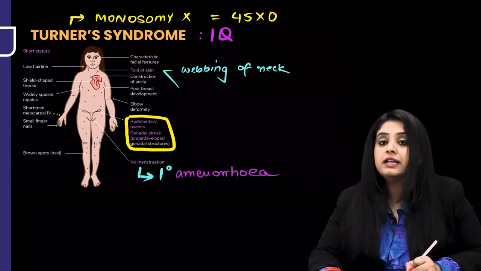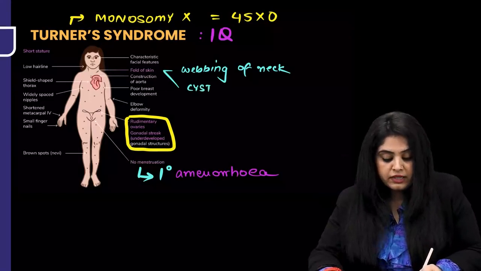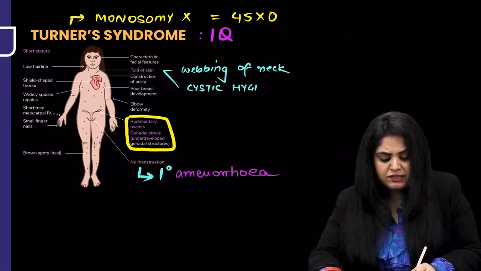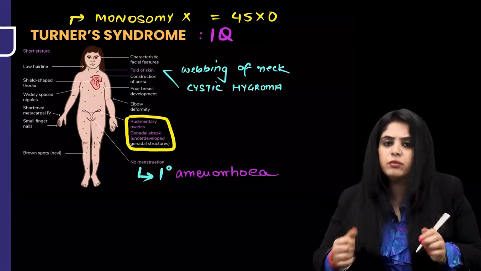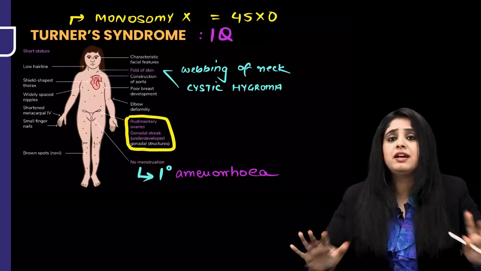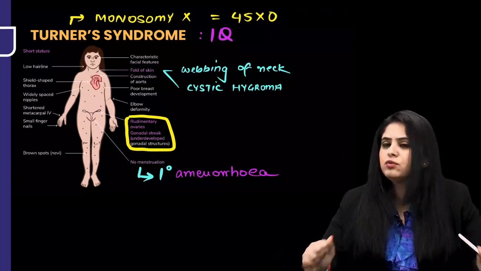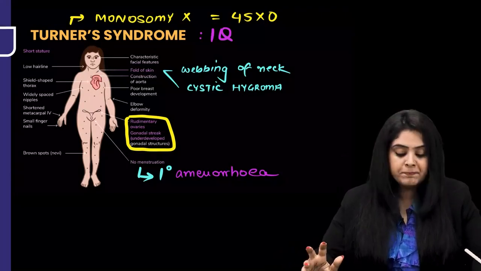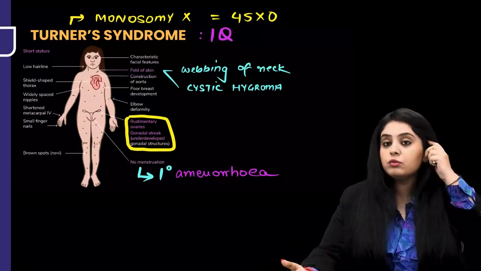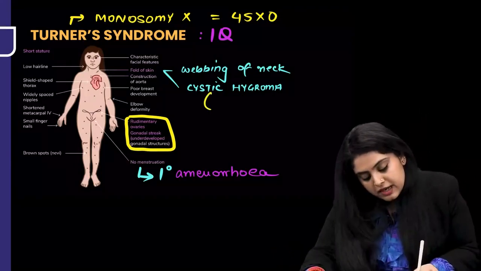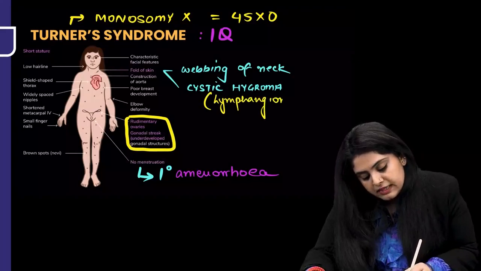Another thing that you see in the neck is a tumor. That tumor is cystic hygroma. That is the only question on cystic hygroma that you get in pathology, medicine, surgery, pediatrics, everywhere. So listen to me with full confidence, alert, because that's the only question possible. So what is a cystic hygroma? Cystic hygroma is nothing but a lymphangioma in the neck.